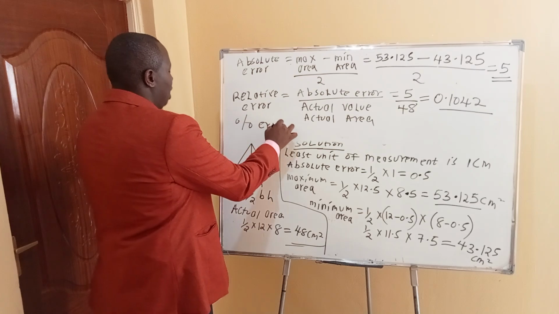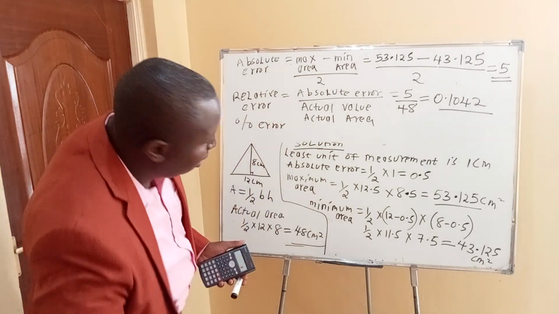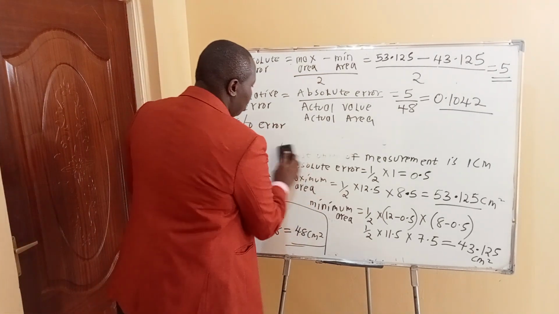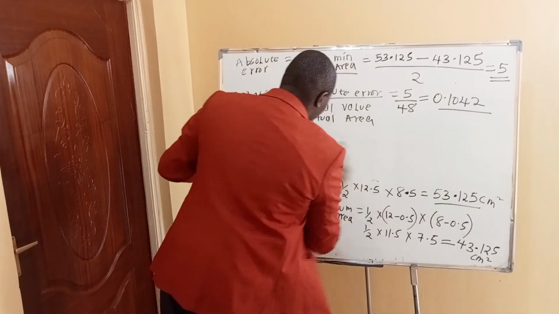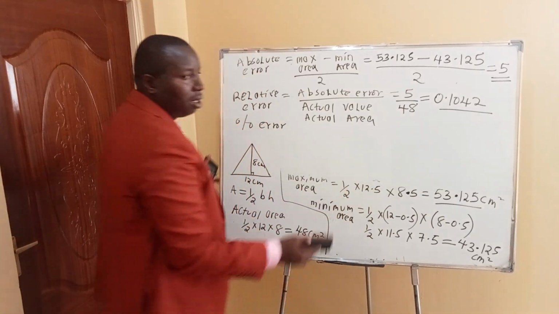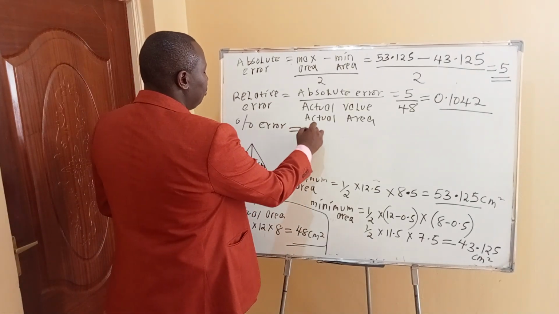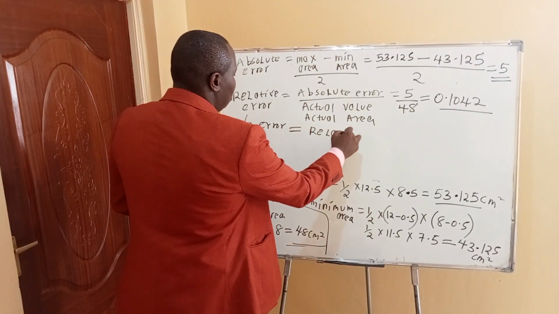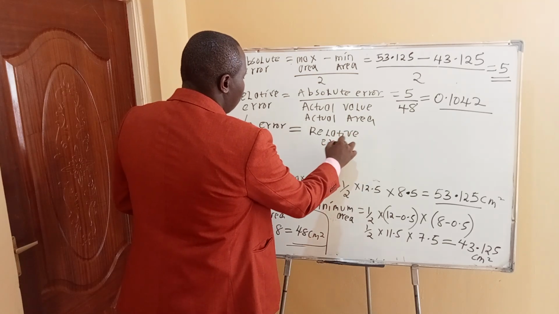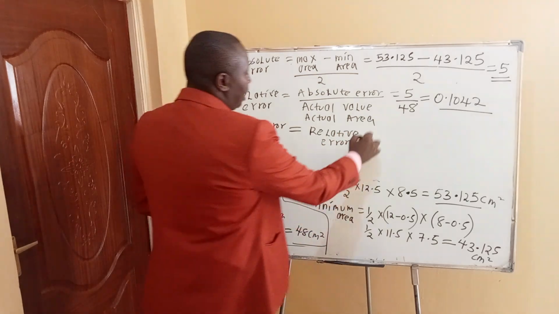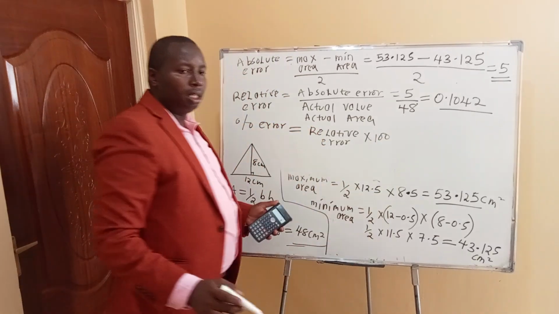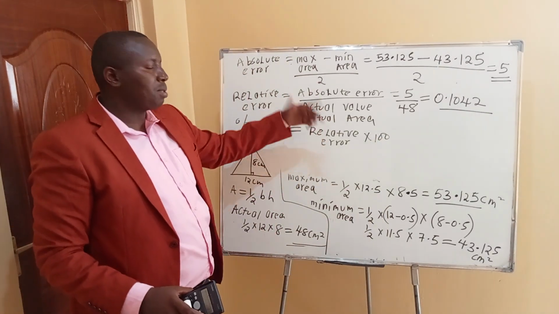Then from there, you find the percentage error. The percentage error in this question will be the relative error times 100, which is absolute over actual times 100.